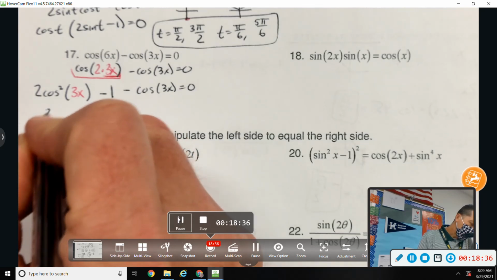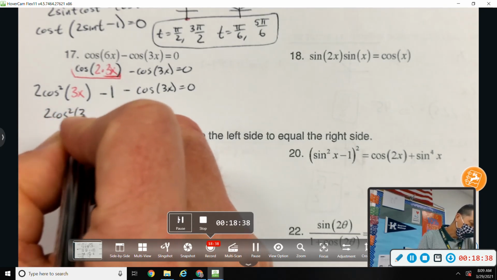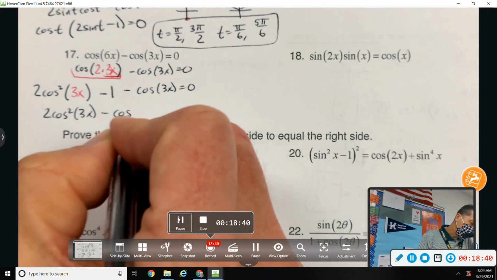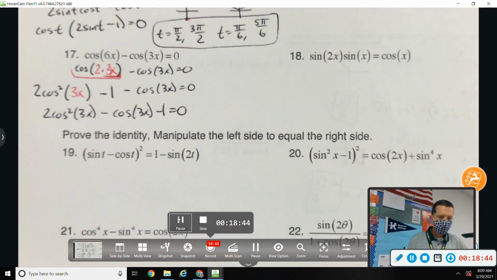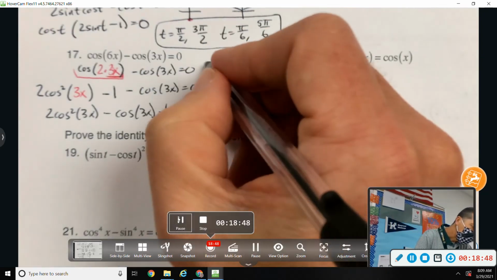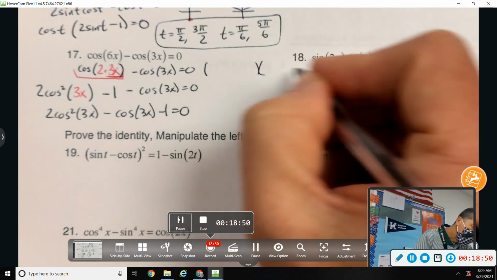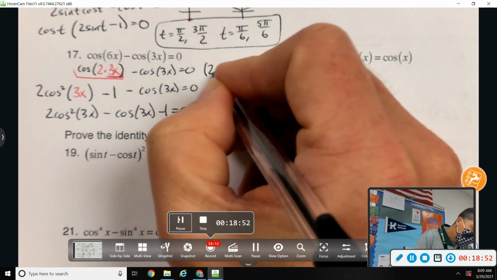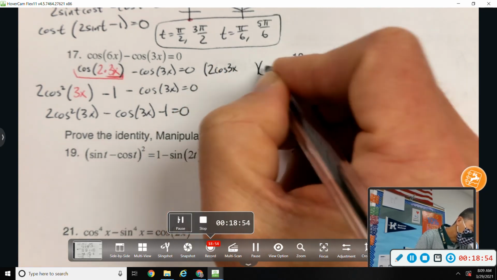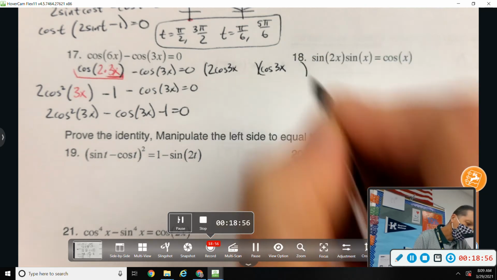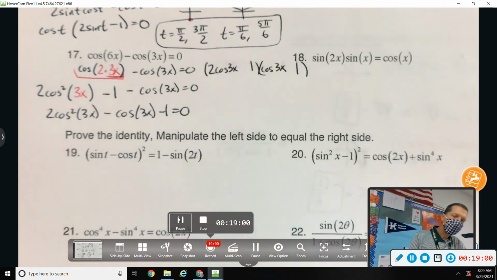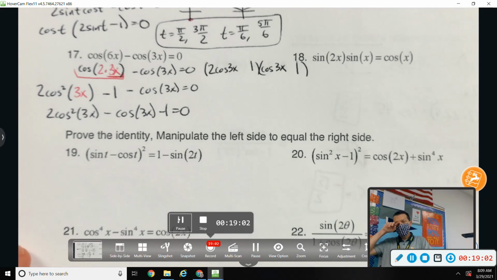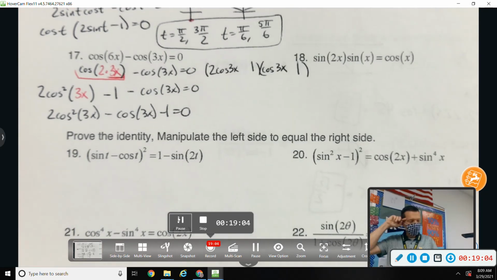So 2 cosine squared 3x minus cosine of 3x minus 1 equals 0. That's now a factoring problem. Cosine 3x, cosine 3x. It's got to be 1 and 1. And then it's a matter of getting the pluses and the minuses in there correctly.